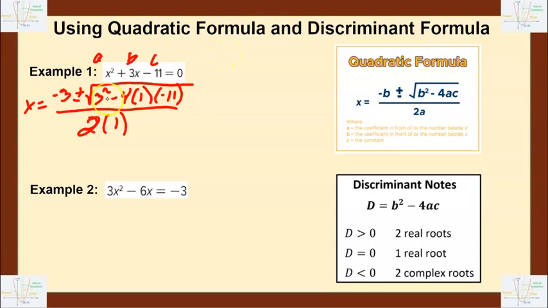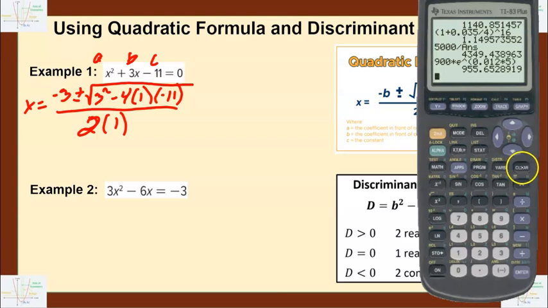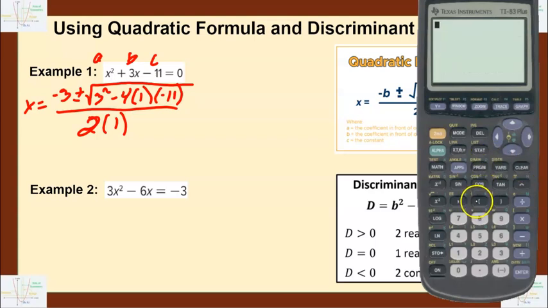So here, I'm going to get my calculator out because it'll be quicker to solve it on our calculator once I have it all written out here. So I'm going to start off with parentheses, -3, and I'm going to do plus. I don't have a plus or minus sign, so I'm just going to do plus first. And then I have the square root, and here I'm going to do 3 squared, or you can just type in 9, that's fine.